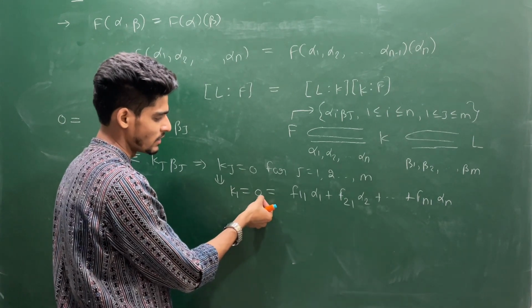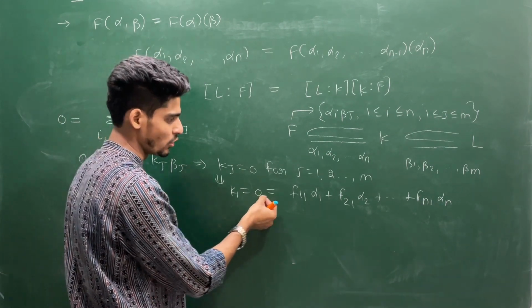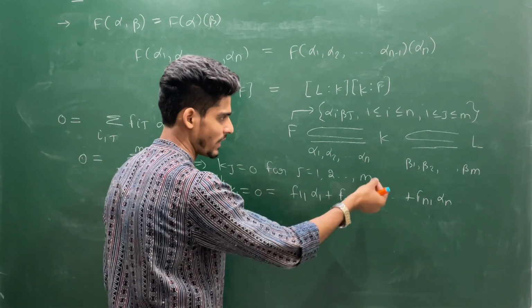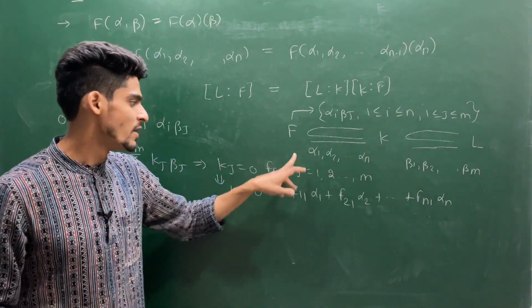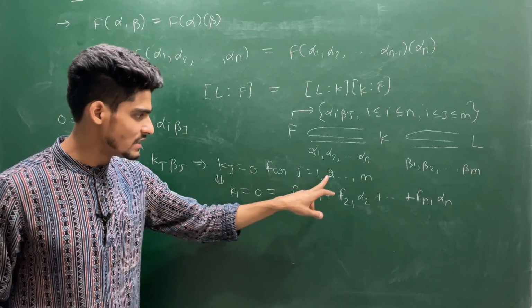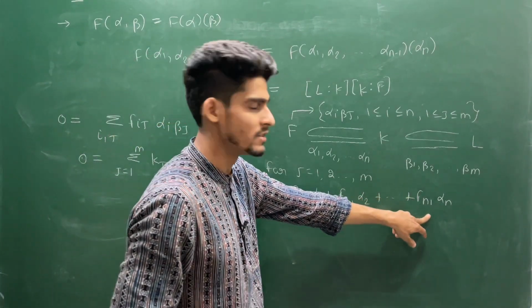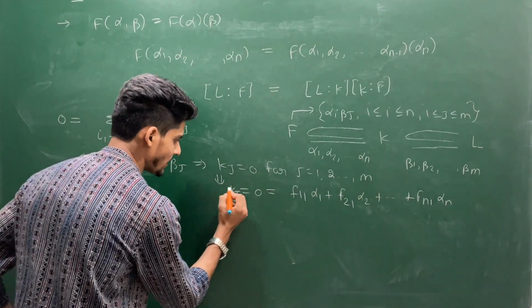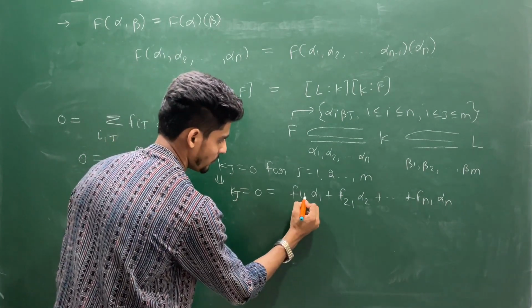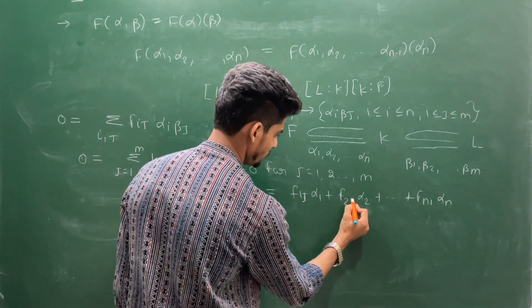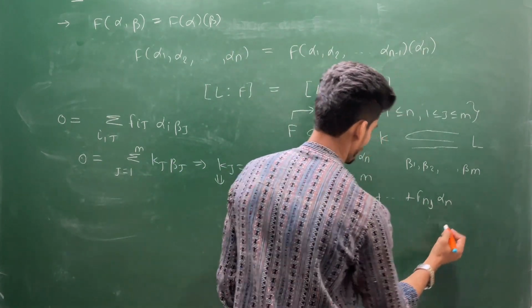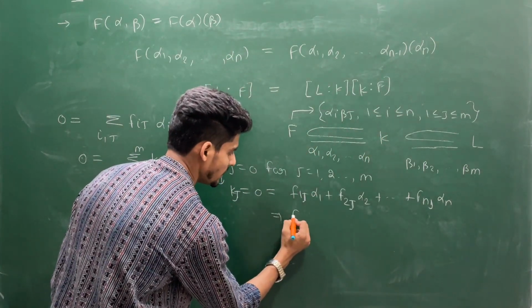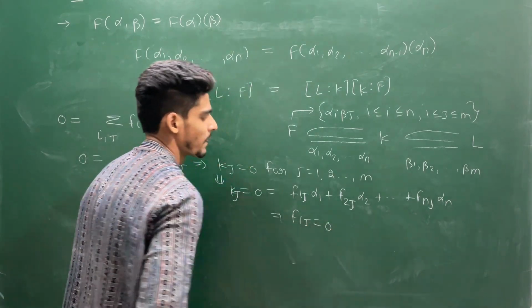But again you have a combination representation of 0 with respect to the basis alpha_1, alpha_2, ..., alpha_n over F. If alpha_1, alpha_2, ..., alpha_n are a basis over F, then this will force f_11 is 0, f_21 is 0, f_n1 is 0, and in general f_ij, so this will force each f_ij is 0.